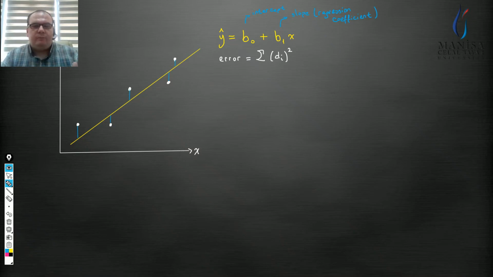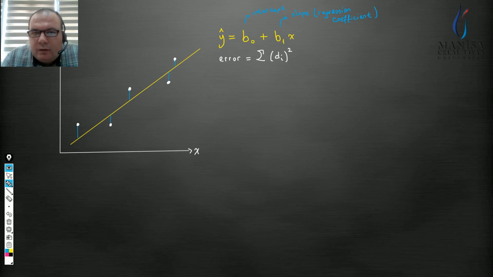If we have negative residuals and positive residuals, we don't want to take a direct sum, because we can get a value close to 0 but still have some errors. So as a first step, we take the square of these residuals to get rid of their signs, and then we take the sum.